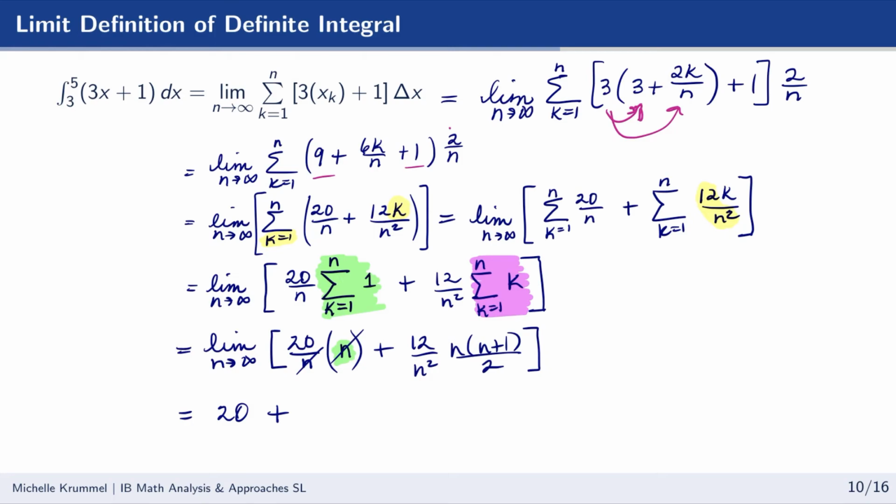We can use the shortcut where we have degree 2 on top. You have to mentally work out what the leading term would be if you expanded the numerator. The leading term would be 12n squared. In the denominator, it's 2n squared. And so the ratio of those coefficients, 12 over 2, is just 6. So the limit is equal to 26.